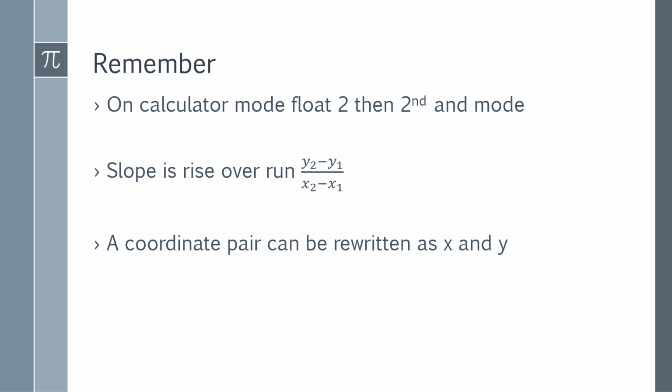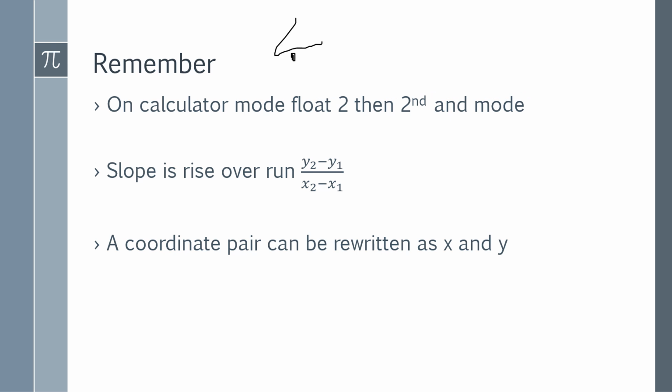We just got through with our Kahoot. So this is just something to remember. When you're dealing with percentages, make sure on the calculator you go mode, float, then when you get to float, move it to 2. And after you finish that, you're going to go second and mode. Therefore, all your decimals that you're looking for will be in percents.